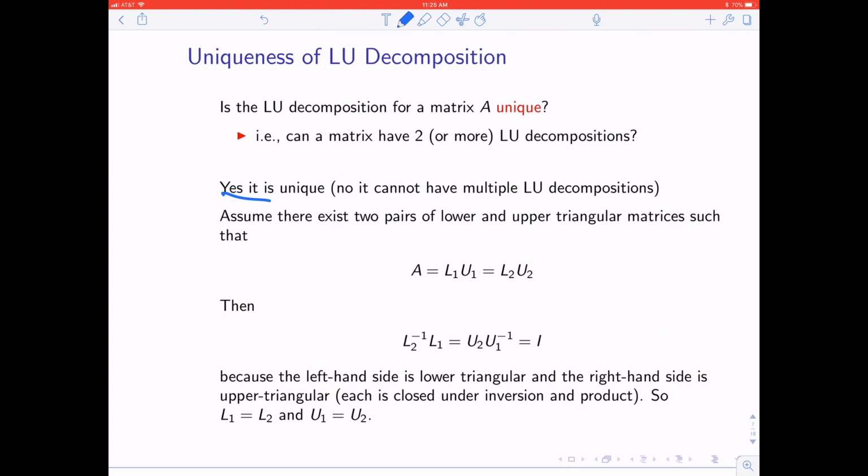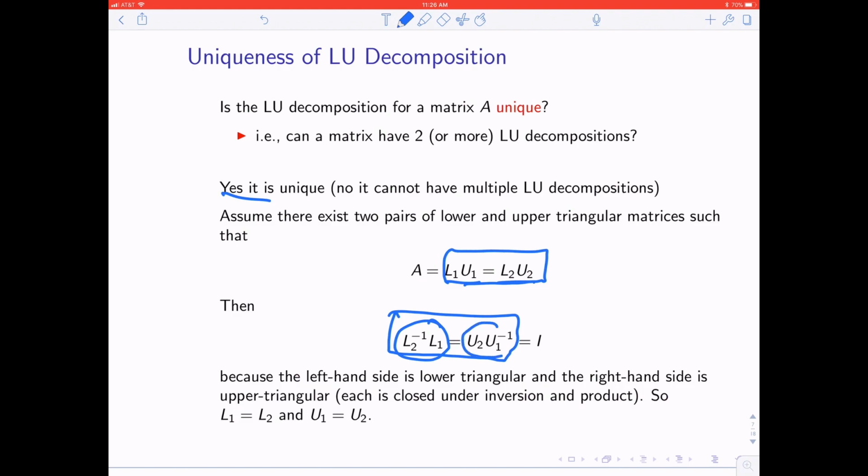You can assume that there's two of them. In other words, A is L1U1 and also L2U2. And if you take this equation here and use some matrix inverses, you can rearrange it into this equation here. It's easy to show that both of these matrices are lower unit triangular, and when you multiply them, you get something that's also lower triangular.